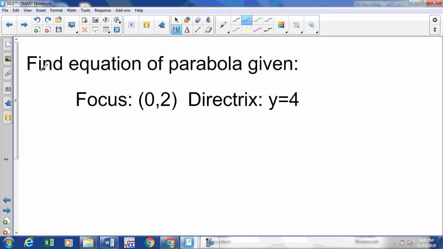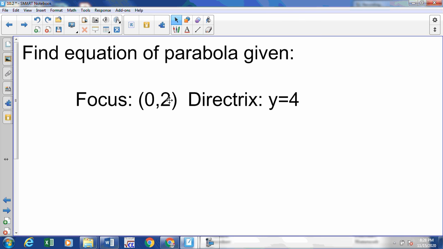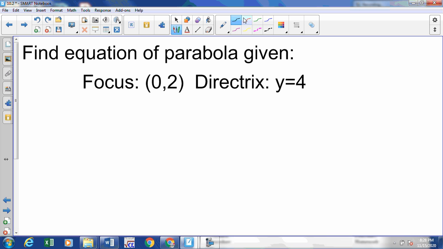So let's look at an example. Find the equation of a parabola with the focus of (0, 2) and a directrix of y equals 4. What we want to do is draw a picture. So my focus is (0, 2), right there, and the directrix is y equals 4.